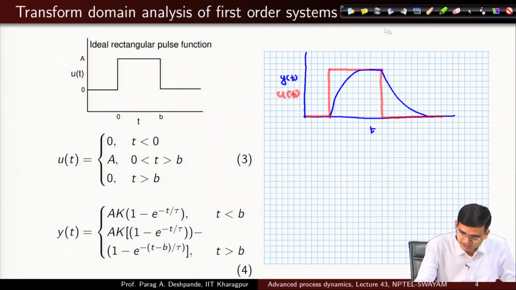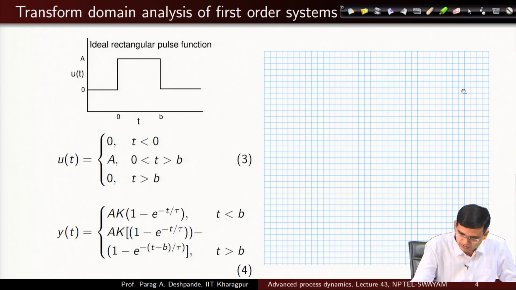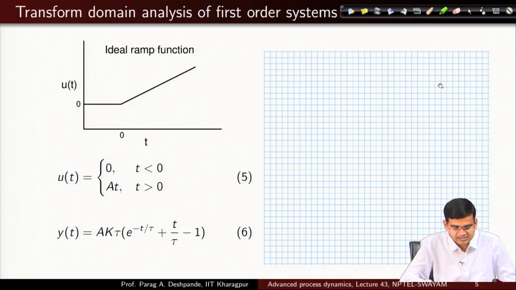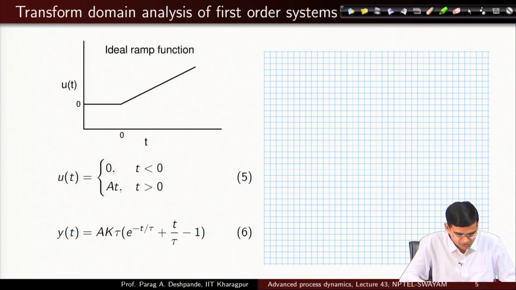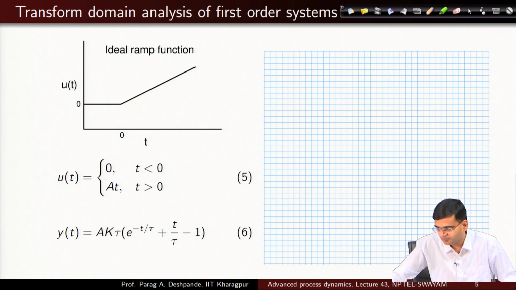Fine. So, now you can do an analysis of the ideal ramp function. Okay. So, what is an ideal ramp function? U of t is given as a t for time t greater than 0 and the response is given as what is there in front of you. Let us try to plot the response.